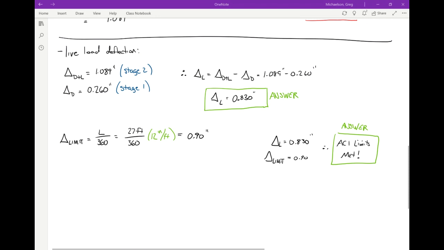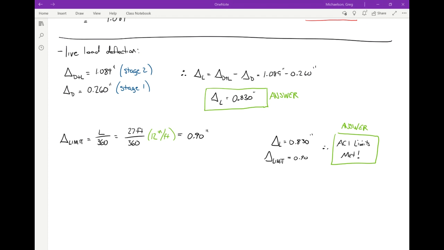All right. I'm going to give everybody a second. I want to see if anybody has any questions on this. So our beam meets the requirements. If our beam didn't meet these requirements, what it would mean is we probably need to change the dimensions of the beam because we would want to create a beam that has a higher moment of inertia. So we might need to make it deeper or something like that.